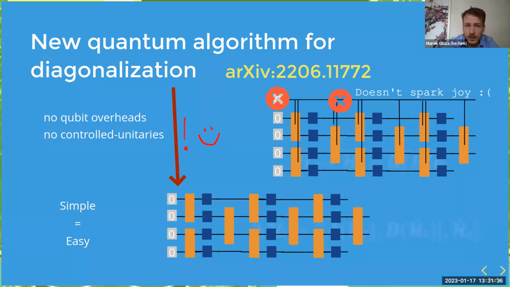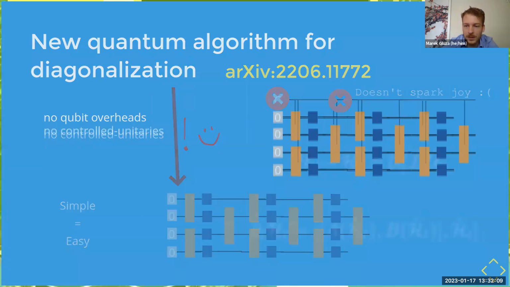Controlled unitary evolutions we will be able to do on a fault-tolerant computer, but in existing architectures they are very tricky, and then the qubit that is controlling the rest of the circuit becomes a very sensitive point of the hardware, and that makes things experimentally quite difficult. So one way to think about it is that if we don't have to do them, something gets simpler. That's one characteristic that will be present in the algorithm that I will tell you about.